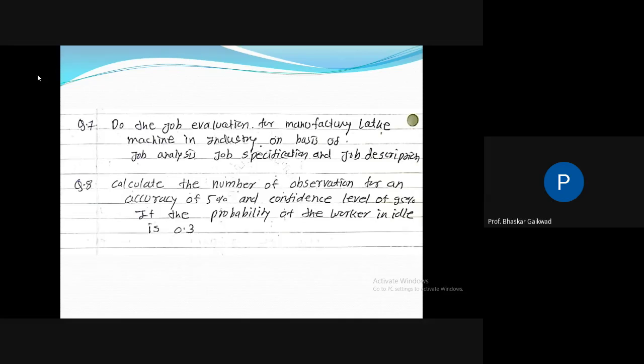So you can use the standard formula: accuracy into probability is equal to root of P(1 minus P) divided by N. N is the number of observations, P is the probability, S is the accuracy. On this basis, you have to calculate the number of observations. You have to select that specific formula and calculate N. So this is an assignment related to your chapter number 3.